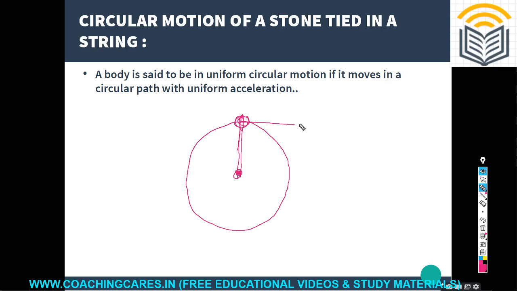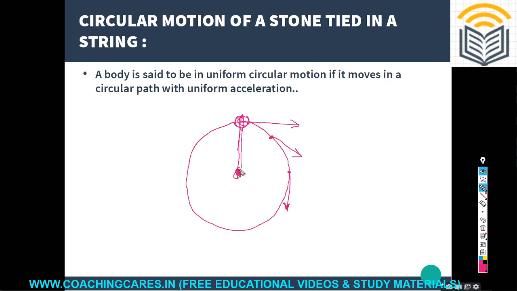You can notice at each and every point the direction of the stone is being changed. The direction of the stone is the tangent of the circular path.